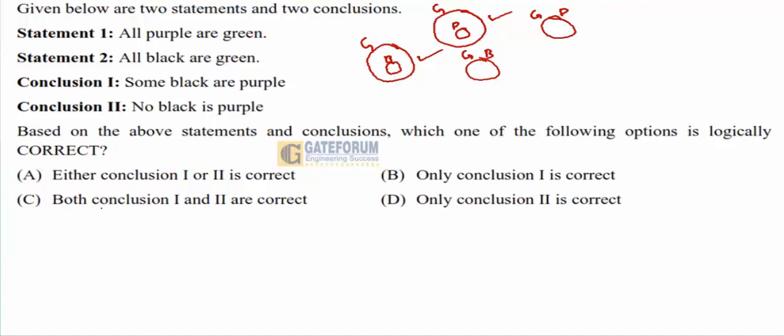So if we combine them, what do we get? Well, see, this is green, while this is black and this is purple.